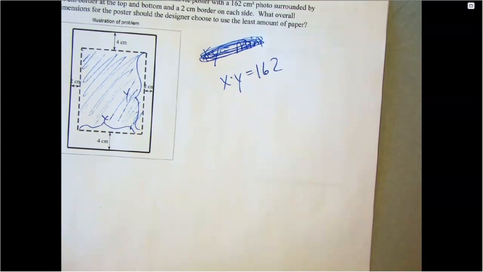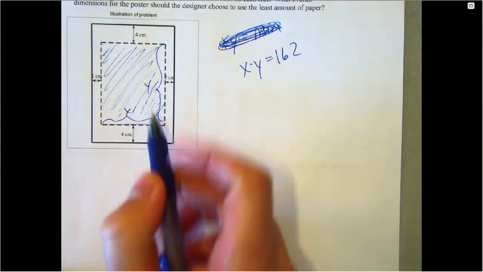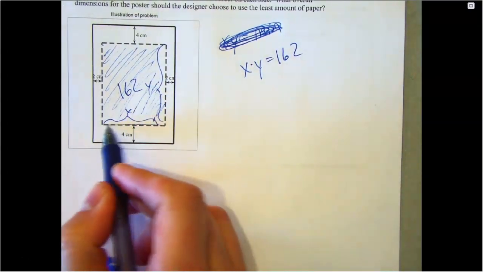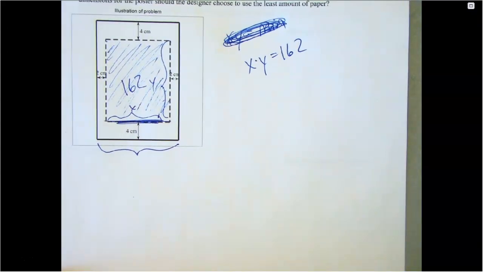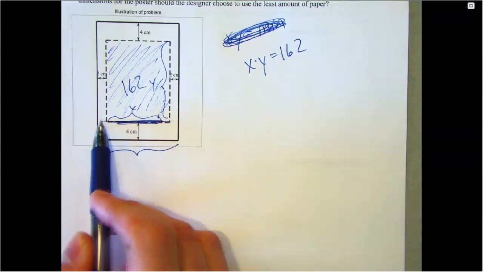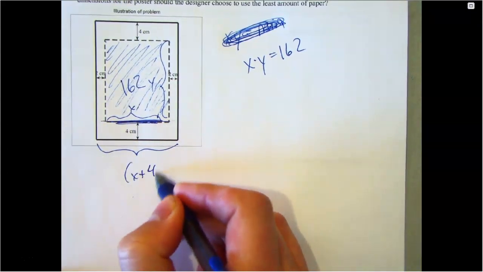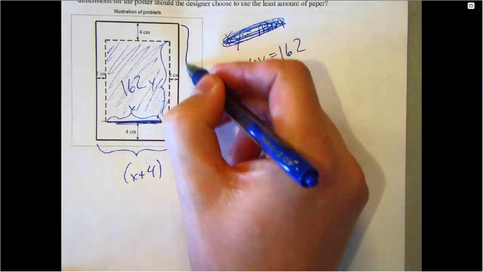So if I have to look at the dimensions for the overall thing, 162 is in here. If this is x, how big is that? X plus 4, right? Because this is x, and you're adding 2 on this side, and 2 on this side. So this is x plus 4. And this one?